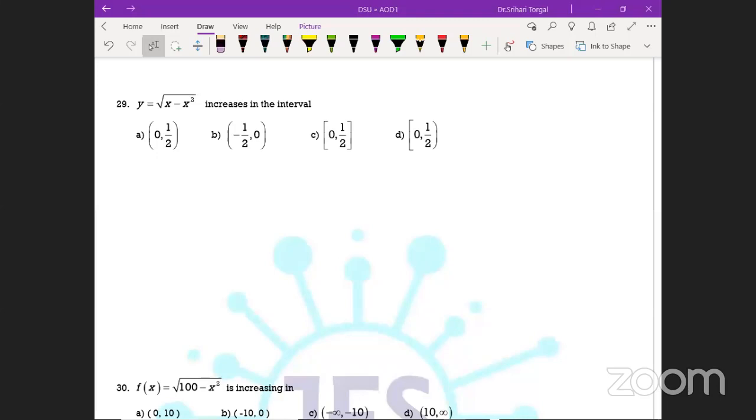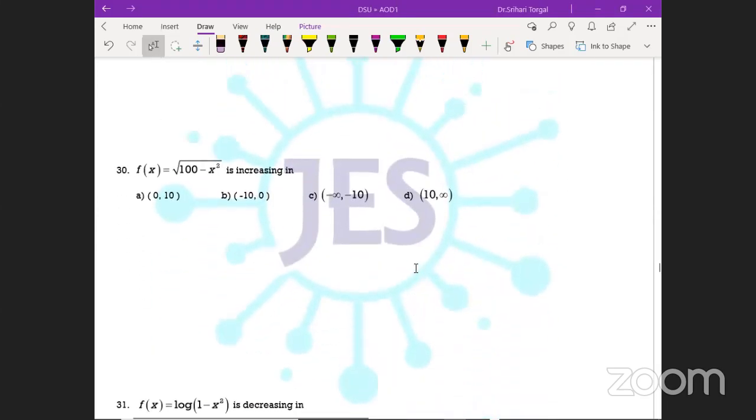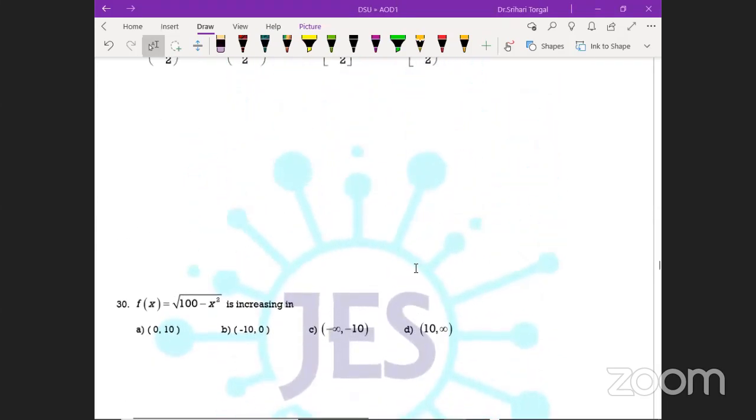Root of x minus x square. Question number 30. Root of 100 minus x square.